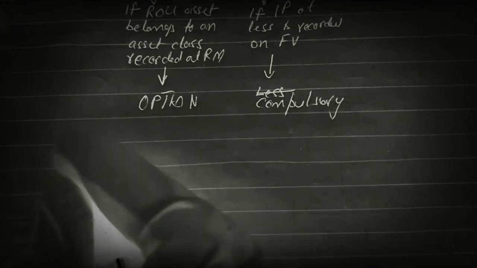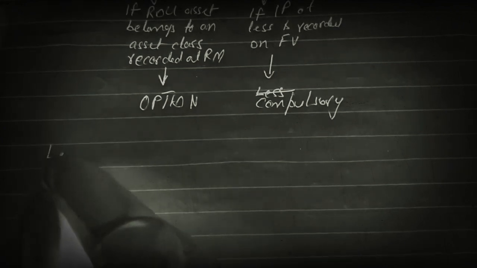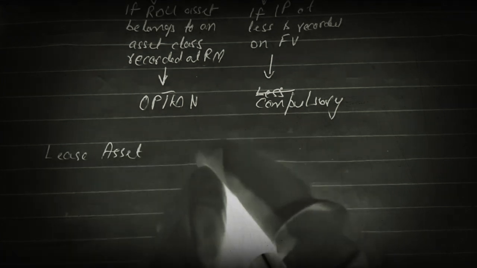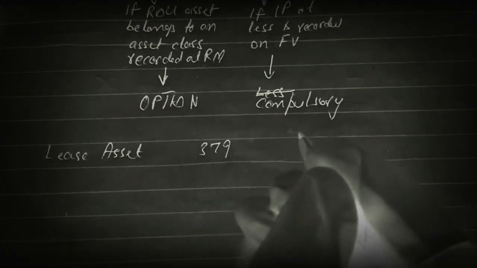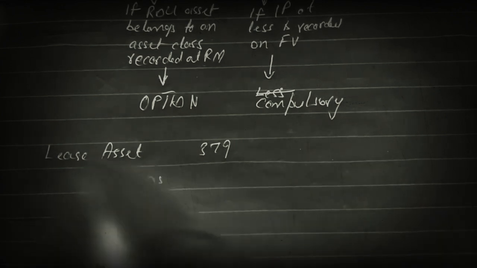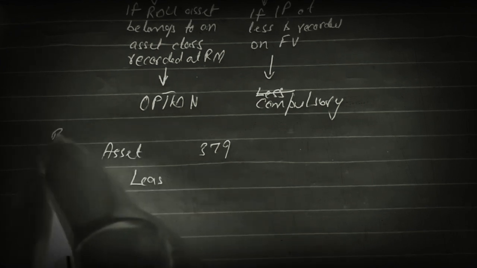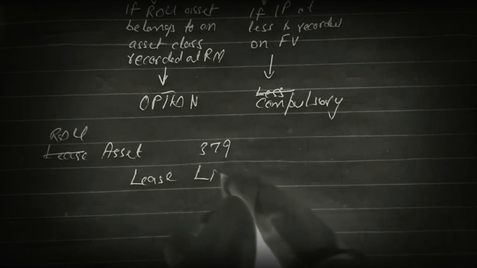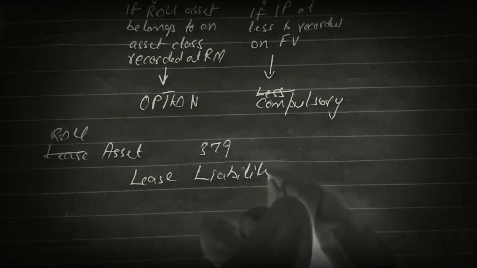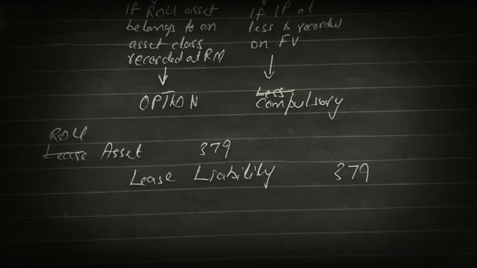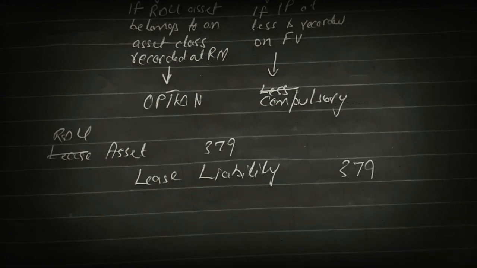So the lease asset is debited by $379, and, apologies, right of use asset is the proper term, and lease liability is credited by $379.